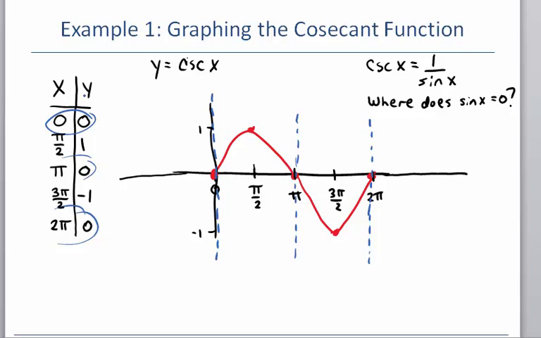So we'll have asymptotes at multiples of pi: one at pi, one at 2 pi, one at 3 pi, one at 4 pi, and so forth, following that pattern. Now, the actual cosecant graph, remember, is a reciprocal of the sine.